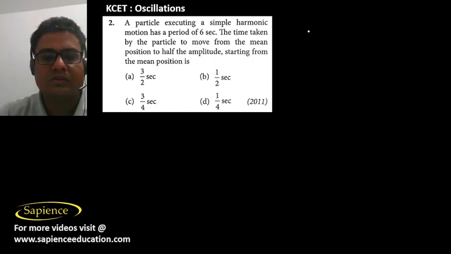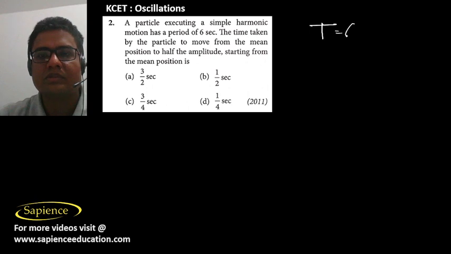Then it is told a particle executing a simple harmonic motion has a period of 6 seconds. So the time period of the simple harmonic motion is 6 seconds.